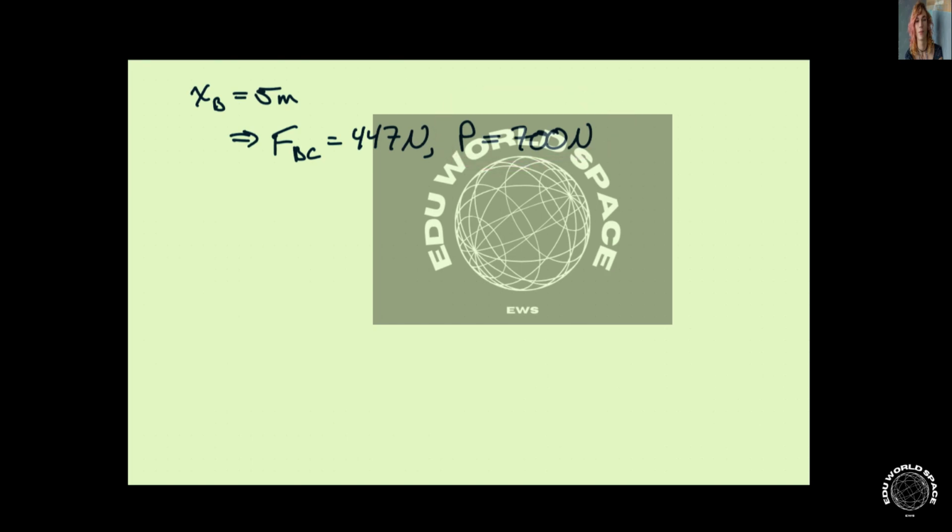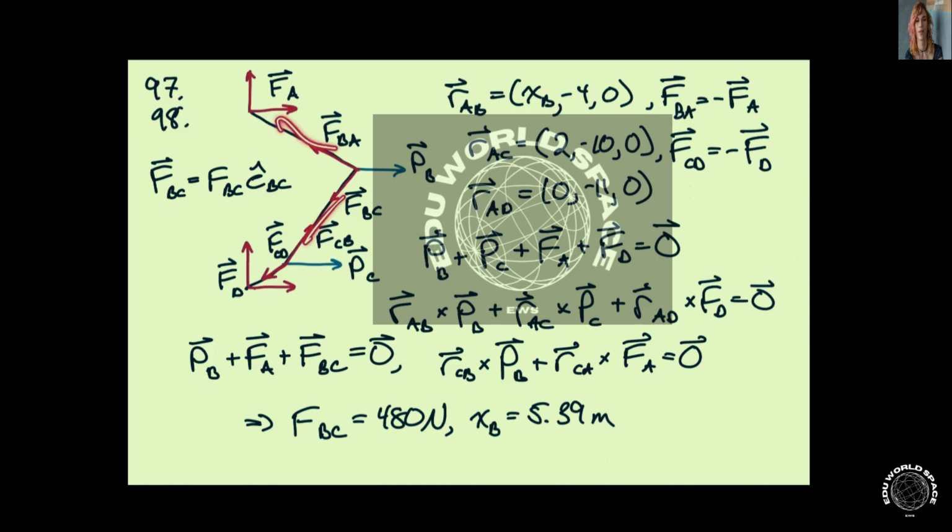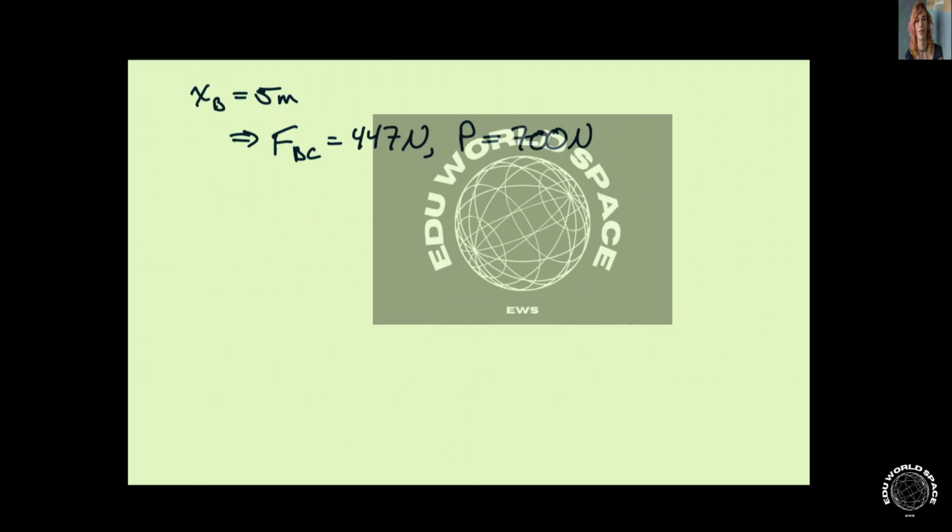And we can also figure out again what the tensions in these cables are. And in that case, the tension in this interior cable goes from 480 newtons to 447 newtons. So it's a little bit less, as we kind of expect, because in problem 97, this was 800 newtons, and now we've determined that it was 700 newtons.